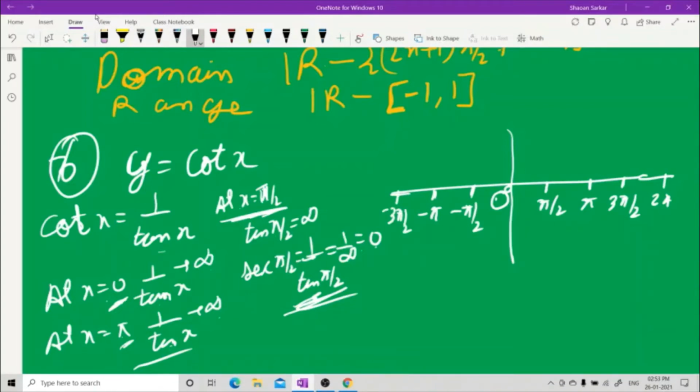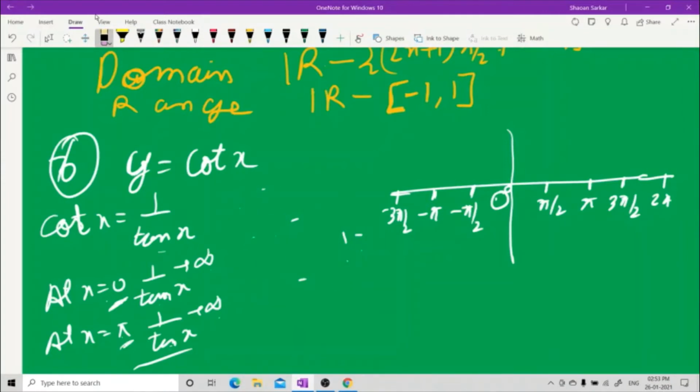Let me remove this now to get some space. Now, this is your minus 3 pi by 2 and this is your minus 2 pi.